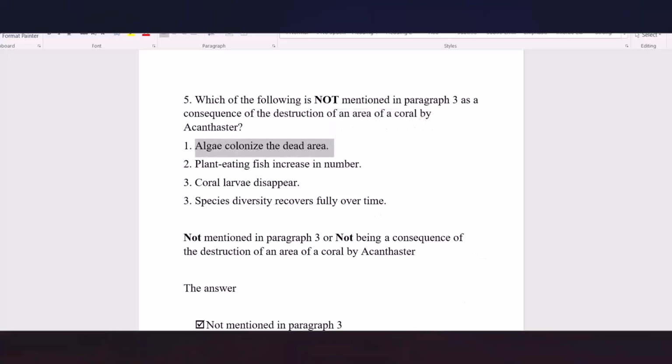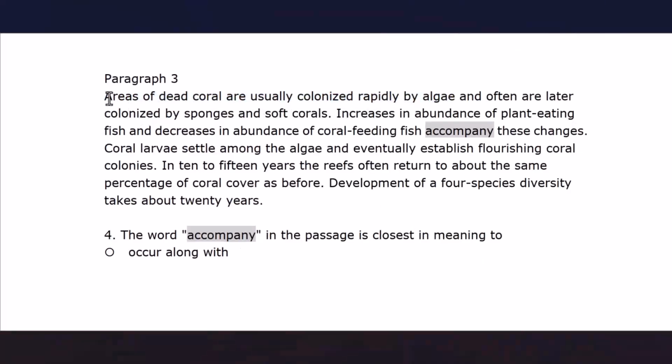Okay. In the first sentence, we have areas of that coral are usually colonized rapidly by algae. So, areas of that coral are colonized by algae. We just got the same information that we received from the first option, but in a different way, in the passive mode.